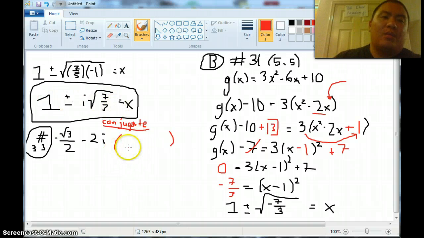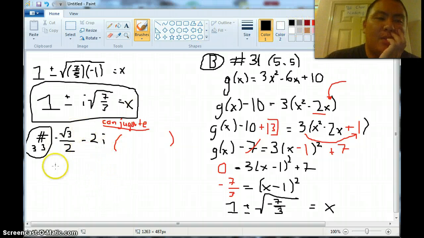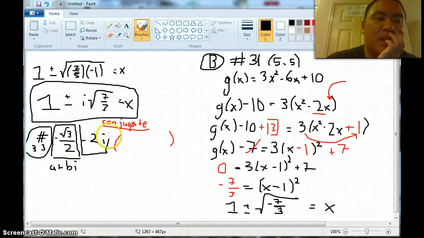Alright, now we need to talk about the conjugates real quick. Now, I need to multiply this, and we always write it in the form a plus bi. Okay, and this is already in a plus bi. A is this negative square root 3 over 2, and this negative 2i is the bi.